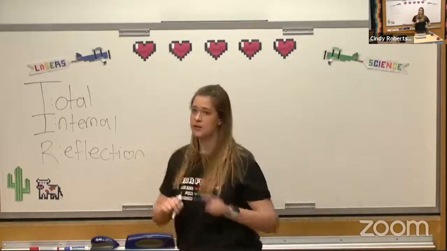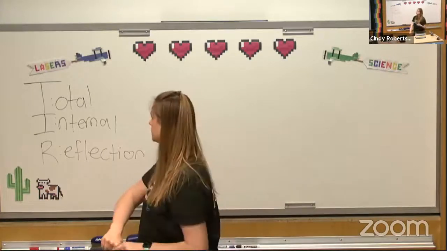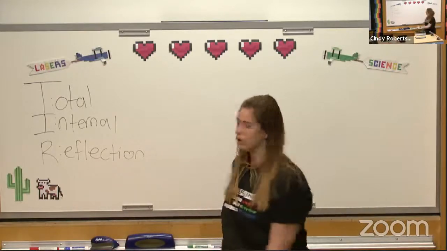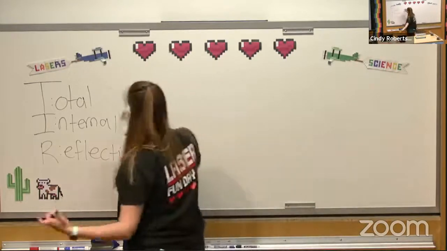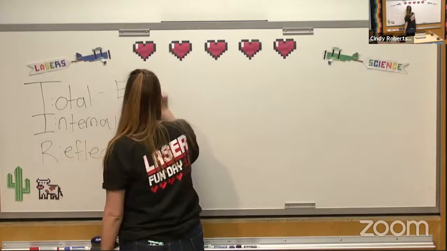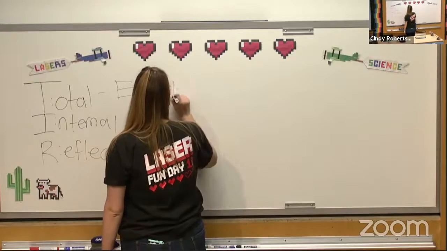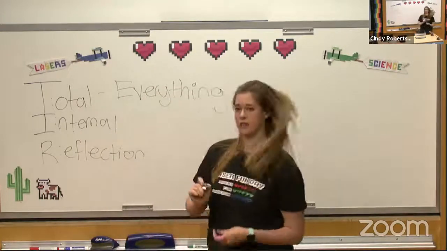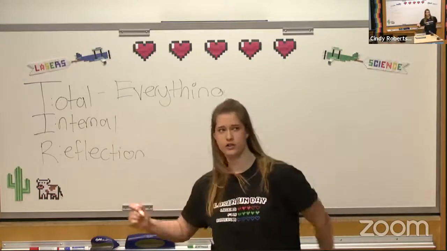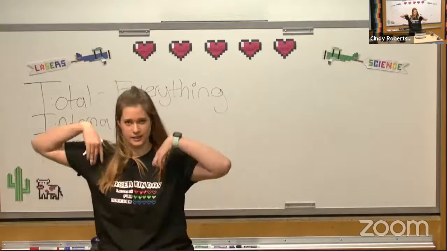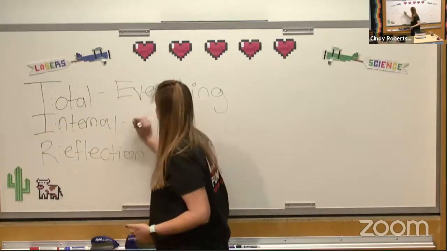Let's break them down individually. When I say total, what do you think of? Think about it at home. I think about everything, right? Total involves everything, the sum, all that. So we're going to say everything. Okay, so everything, and then what about internal? Internal is the opposite of external. External is outside, internal is inside, right? So inside.